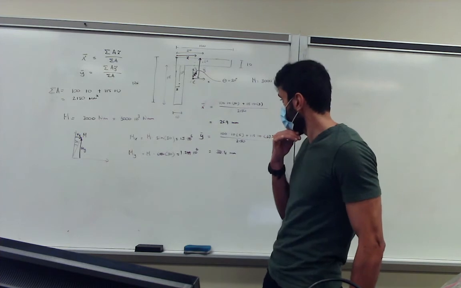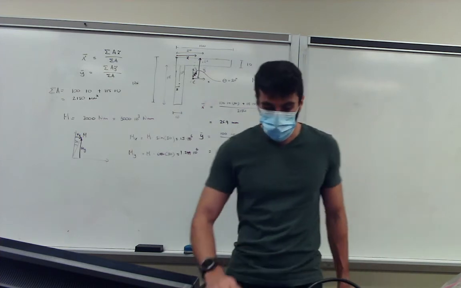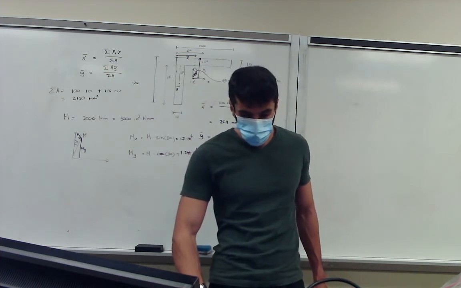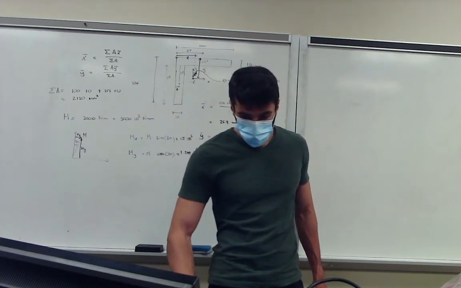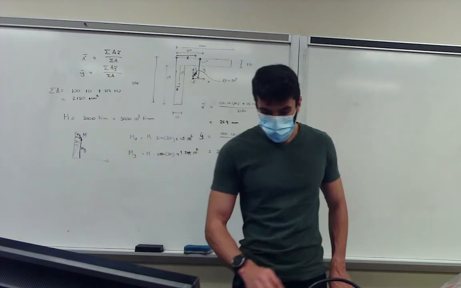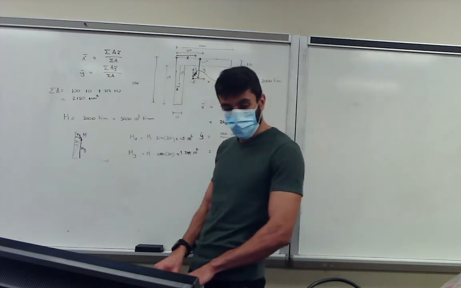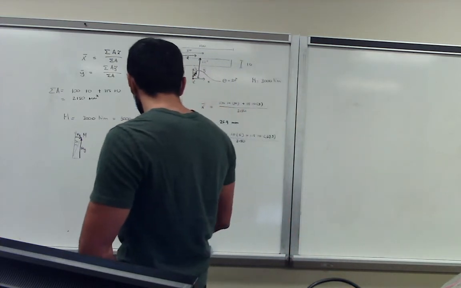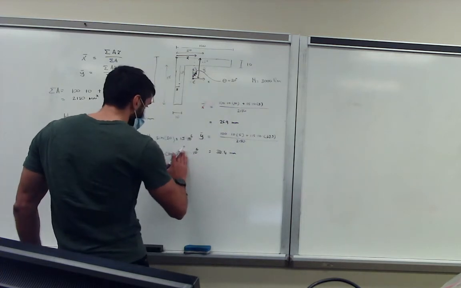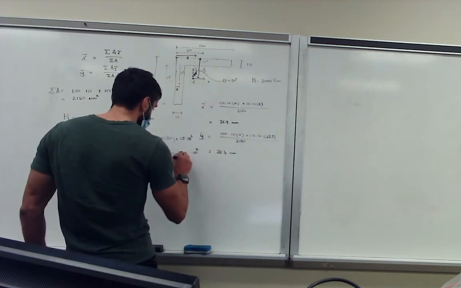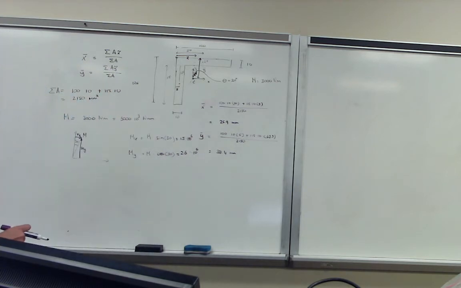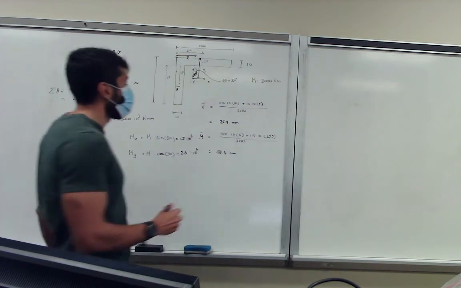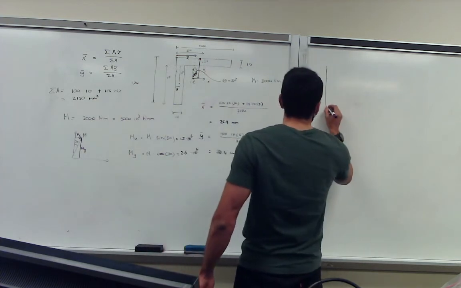Cos 30 is square root 3 over 2. Should be 2600. I got 2598. So 2.6. Okay, for some reason Maxon has it differently, but I'm pretty sure this is correct.